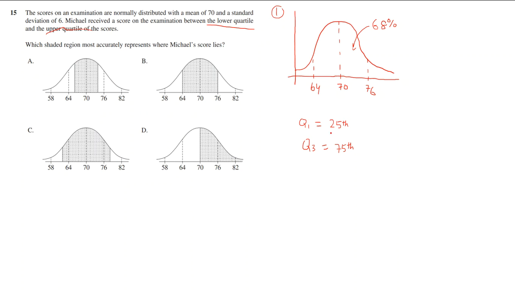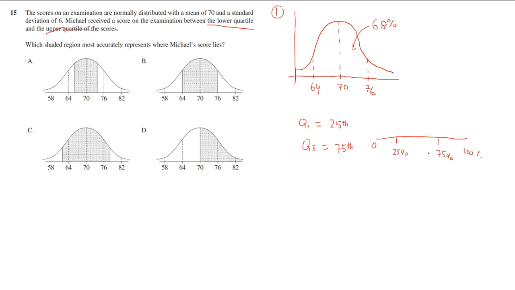What they're saying, let's represent this in a straight line. So if this is from 0 to 100%, so what they're saying in the question is that Michael's score was between lower and upper quartile. So between 25% and 75%.